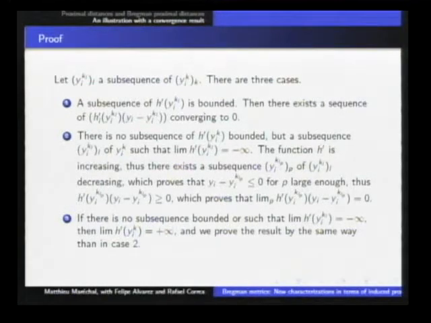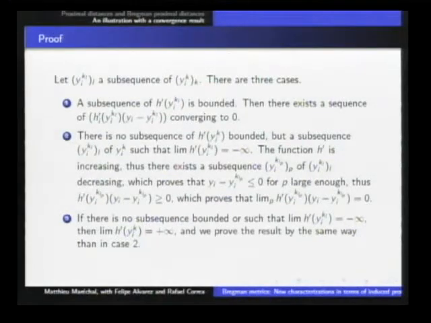If it is decreasing and this sequence tends to y_i, this quantity is decreasing down to y_i, thus it is greater than y_i for all p large enough. Thus, this quantity will be non-negative, because the limit is minus infinity. But we have proved before that the lim sup of this quantity is non-positive, and moreover this quantity is non-negative for p large enough. That means that the limit is equal to 0.